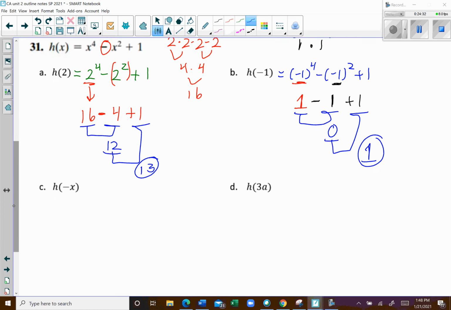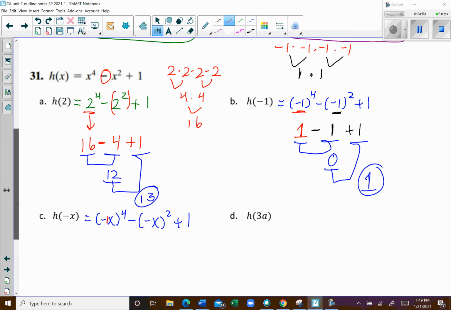So on our part C, we're going to plug in a negative x. So let's see, we're going to have negative x to the power of 4 minus negative x to the power of 2, and then a plus 1. Now, right here, you have that understood negative 1 in front.